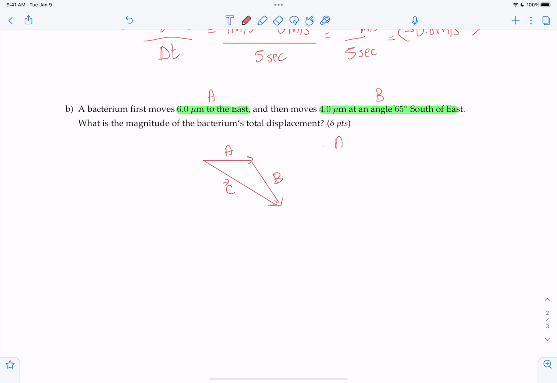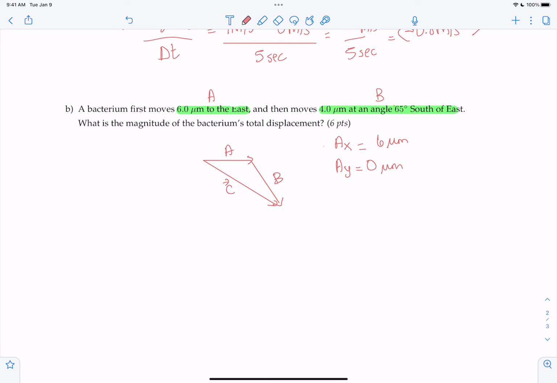If we look at AX and AY, AY is 0 micrometers, and AX would just be equal to the direction that's east. So that's positive 6 micrometers, because east is positive X, west is negative X, north is positive Y, and south is negative Y.